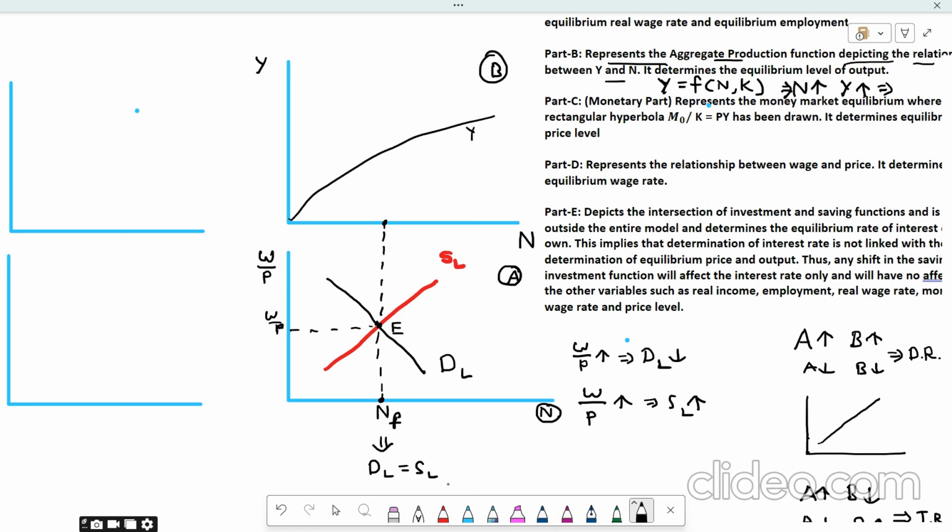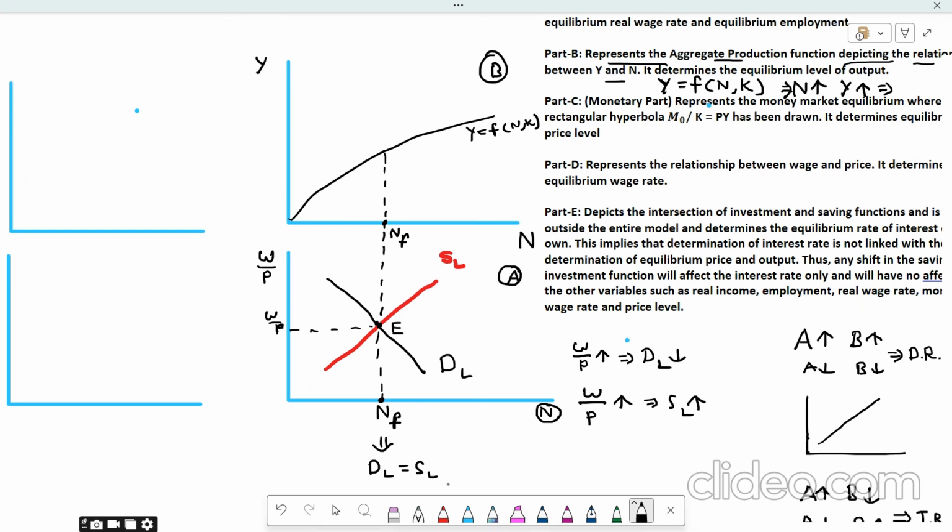So this is the production function, Y is a function of N and K. This NF is coming from the graph of part A. It will not be derived automatically.